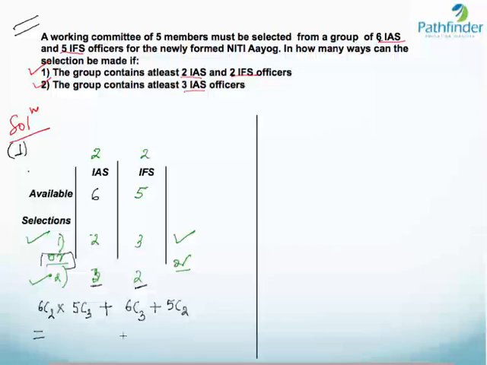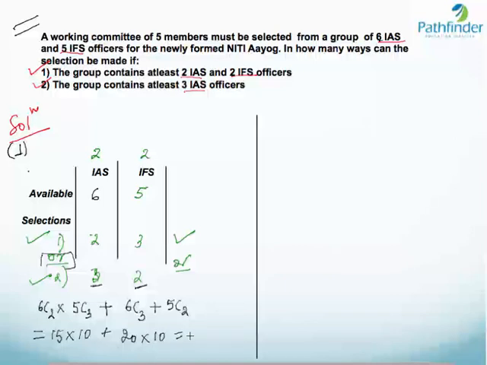So all we now need to do is simplify this and arrive at our answer. So 6C2 is 15, into 10, plus 20 into 10.